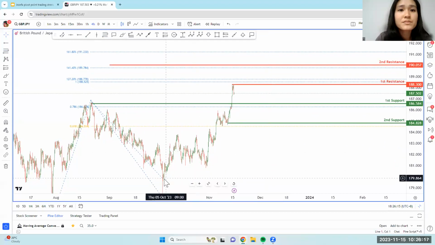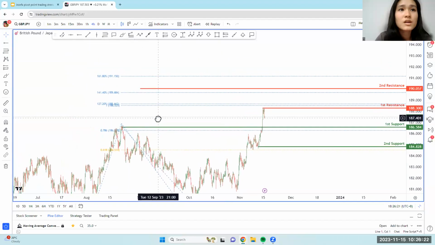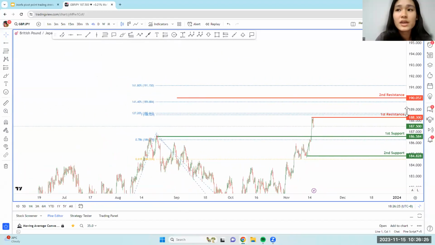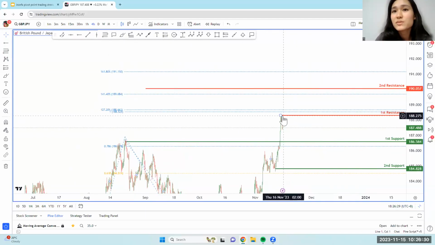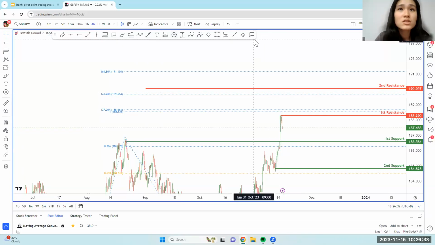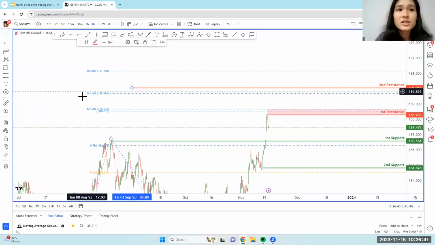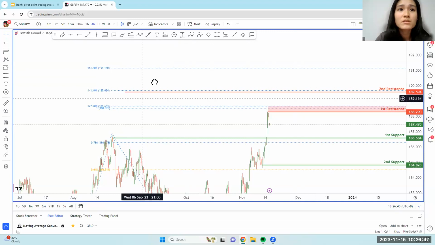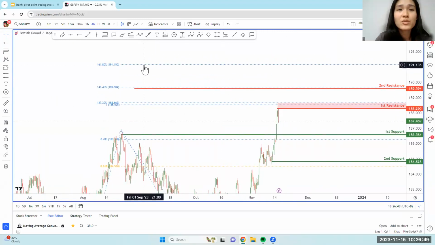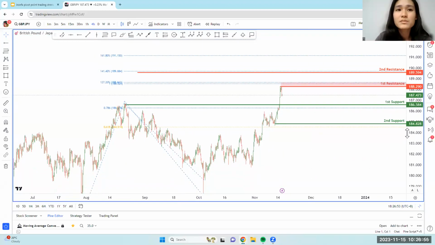So for my Nike tick, you can see my 127 lines up with my 100% as well as my first resistance here. So let me highlight it here. And then my second resistance lines up with my 141. So I'm just gonna adjust it below here. And then we have a 161, which is quite a distance, so I'm gonna just ignore that for now.